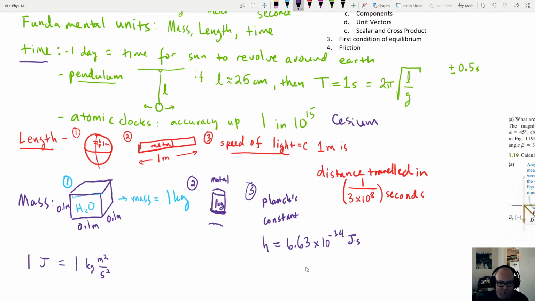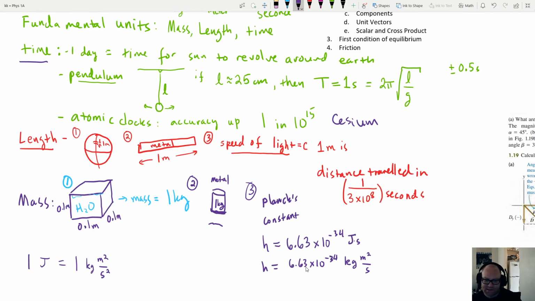So if you rewrite this, a joule times a second would then become 6.63 times 10 to the negative 34. You get rid of one of the seconds, right? So you're left with kilogram meters squared divided by seconds. Okay. So that's what Planck's constant is.